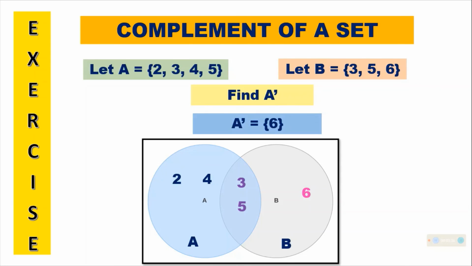So the answer is A. Complement of A is 6 kasi siya yung wala sa shaded na set A. So sa set A, 2, 3, 4, 5. Then si 6 hindi kasali sa grupo. So siya yung magiging complement.